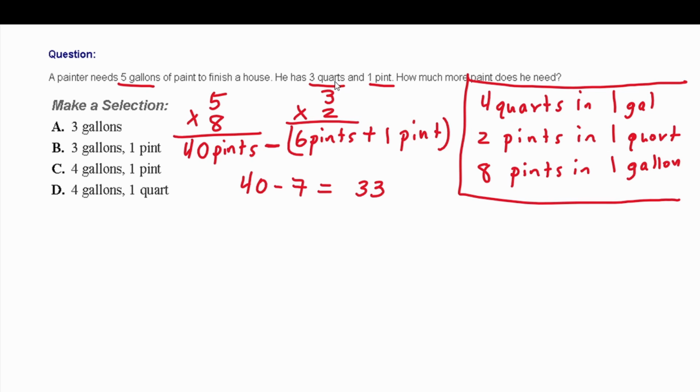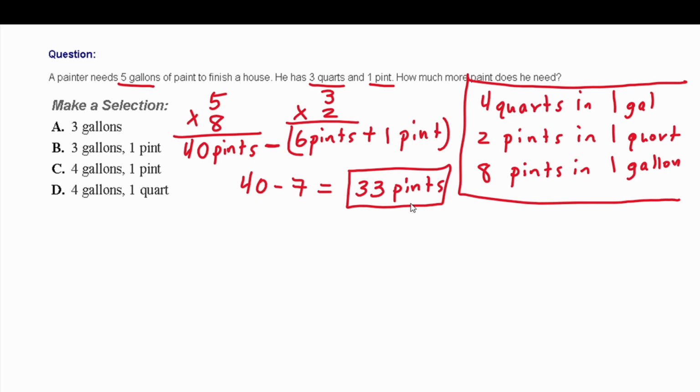So we've subtracted 3 quarts and 1 pint from 5 gallons, and that leaves us with 33 pints. Okay, and if we take a look, our answer choices are given in terms of gallons, quarts, and pints. So now we have to take these 33 pints that we have left over and convert them back to gallons, quarts, and pints. Thankfully enough, this is pretty easy to do.